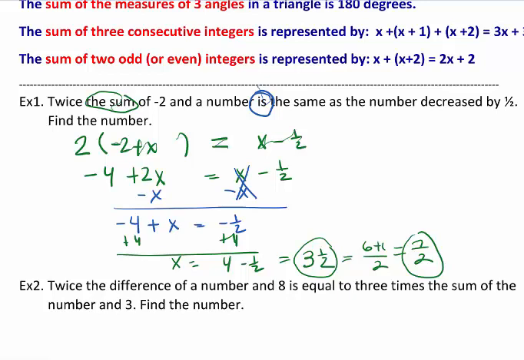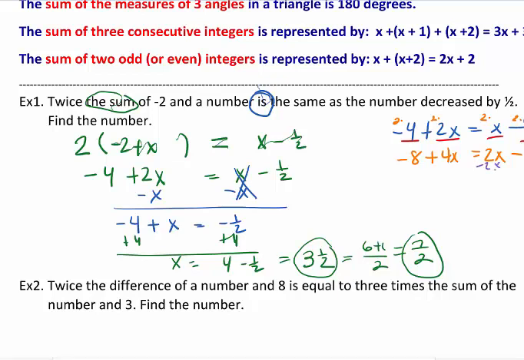If you are one that wanted to clear the fraction in the beginning, so right here, once I got rid of the parentheses, I'm just going to rewrite this over here. We would multiply every single term by the LCD, which is 2. So I'm going to multiply every term. I'm not going to do it in my head. This gives me a negative 8 plus 4x equals 2x. This would be 2 over 2, which is 1. So I would go through the same steps as I did before.